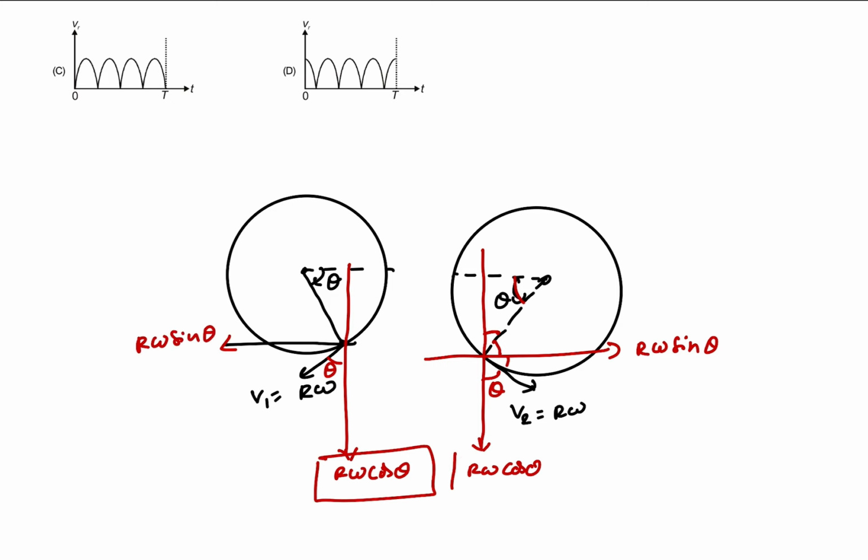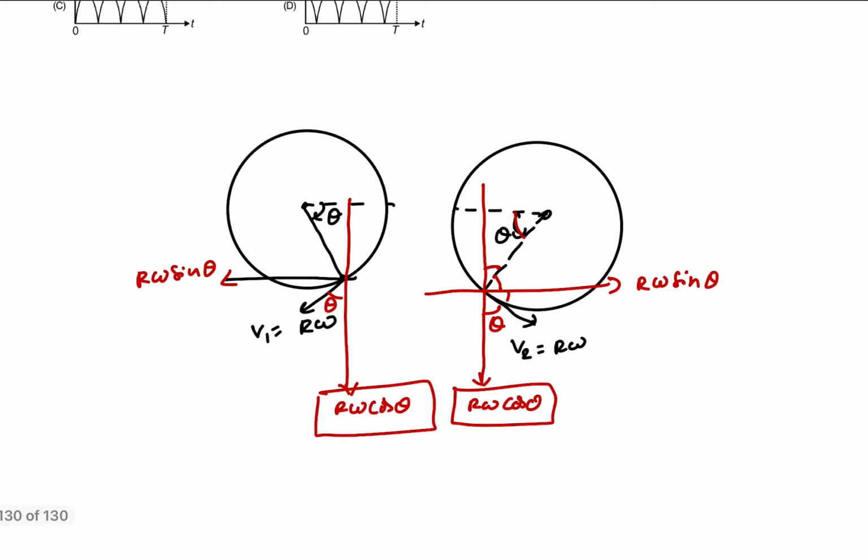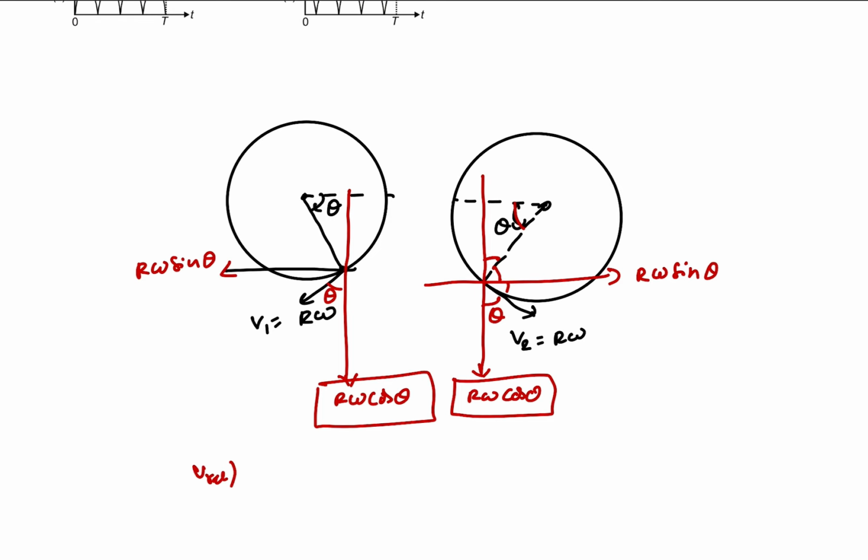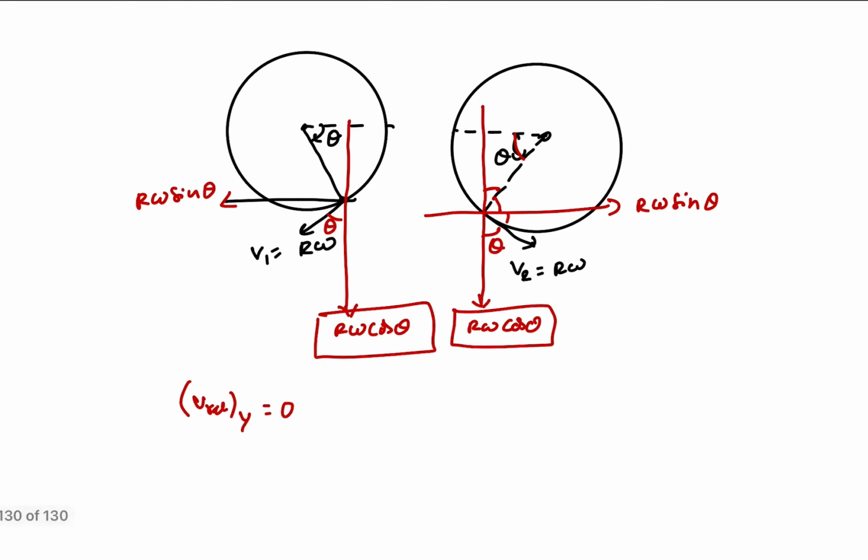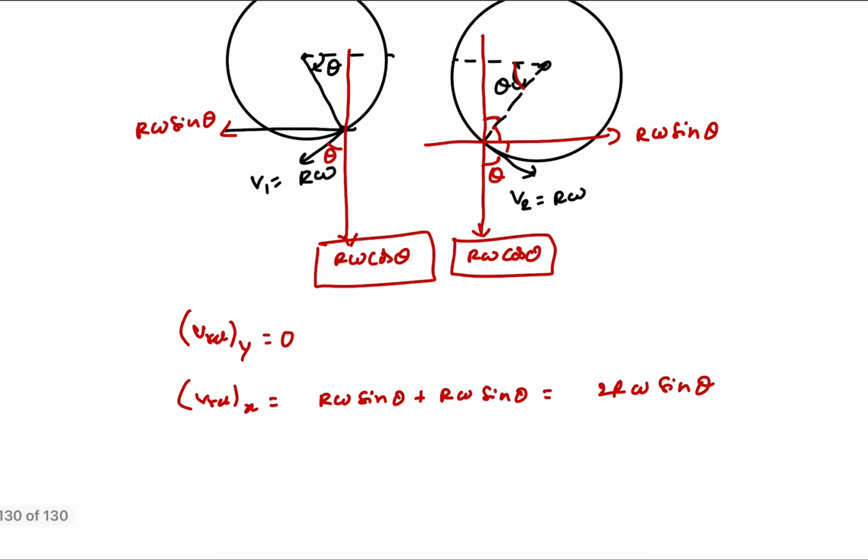Now you can see there is no relative velocity in the vertical direction. Now I can write relative velocity along the y-axis is equal to 0. The relative velocity along the x-axis can be written as r omega sin theta plus r omega sin theta. You will get 2r omega sin theta. Now I am writing relations. If theta is equal to 0 degrees, the v relative value is 0. If theta is equal to 90 degrees, the v relative value is equal to 2r omega.